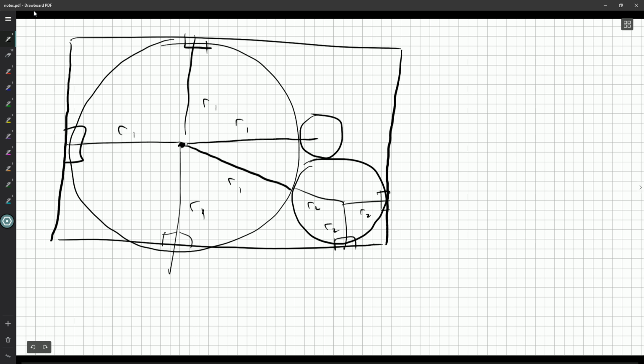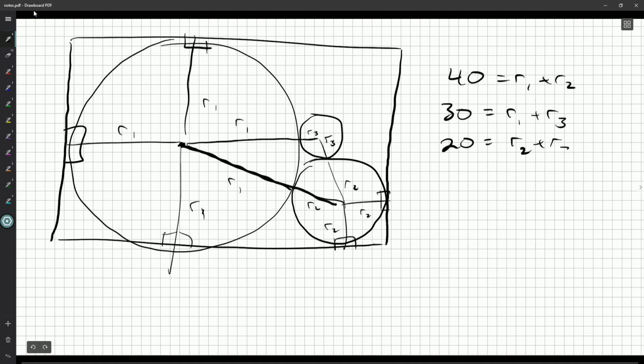So I can see here that 40 is R1 plus R2. Let's get an R2 here, and we'll make the small radius R3. So 30 is R1 plus R3, and 20, the smallest one, is R2 plus R3. And this is actually enough information.